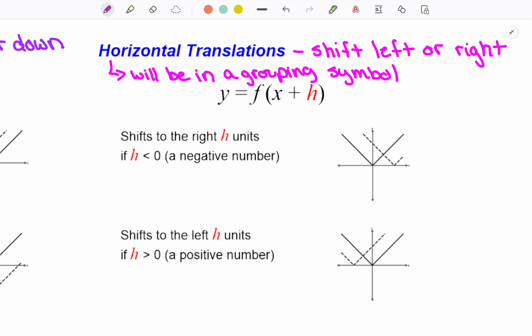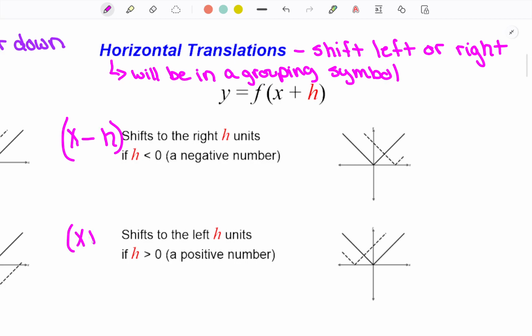But it does work backwards of what the vertical looks like. So if you are going to shift to the right, then h has to be less than 0 or be a negative number. So you will have a minus h inside those parentheses. And then if you shift to the left, you will have x plus h. And so h will be greater than 0 or be a positive number.